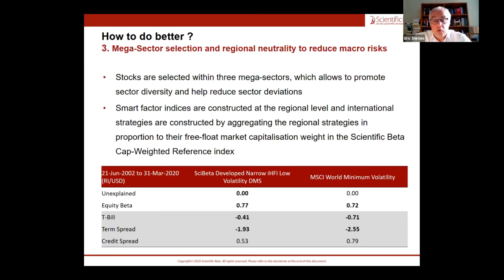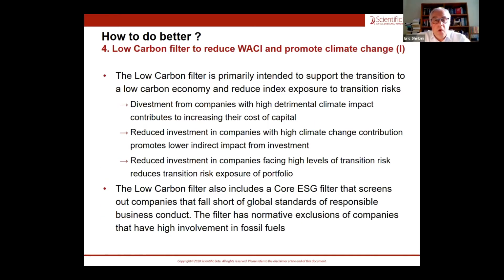Let's now turn to the fourth drawback of defensive strategies, which was their high carbon exposure. In terms of carbon exposure, what we do at Scientific Beta is we introduce a filter. Before we select the low volatility stocks, we filter out some of the high carbon exposure companies.